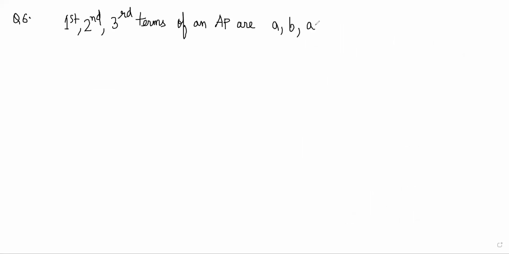Then this one: the first, second, and third terms of an AP are A, B, A square. A is negative.